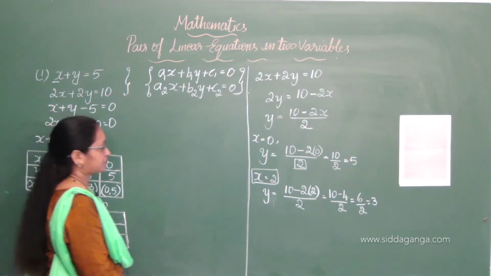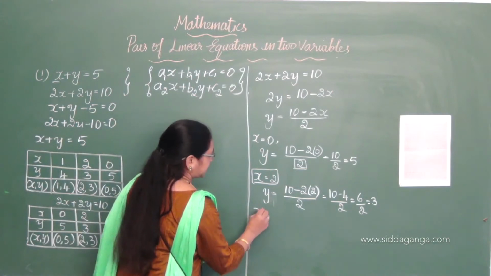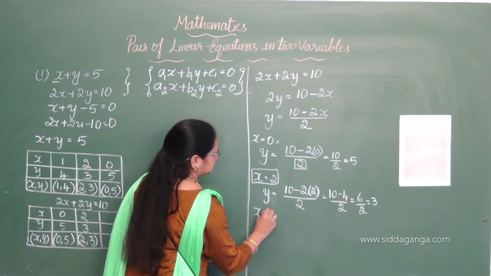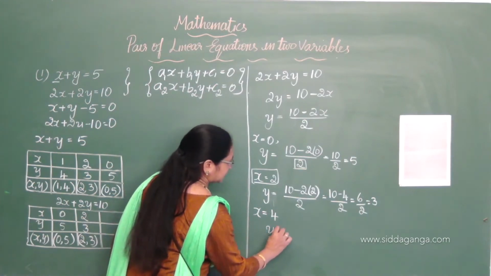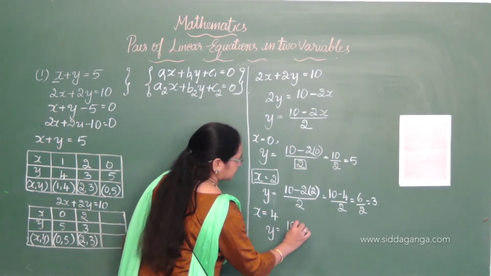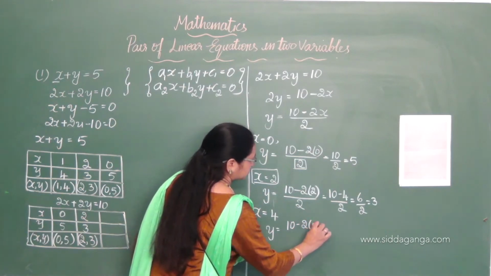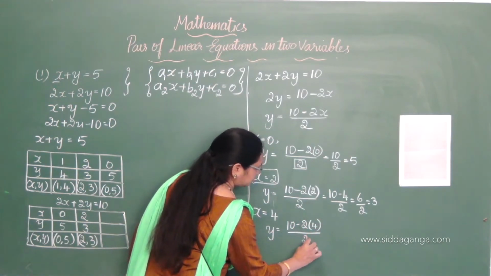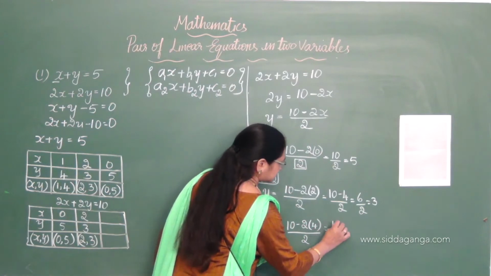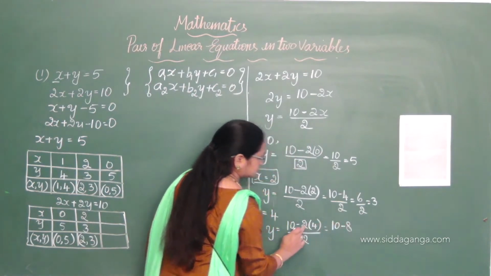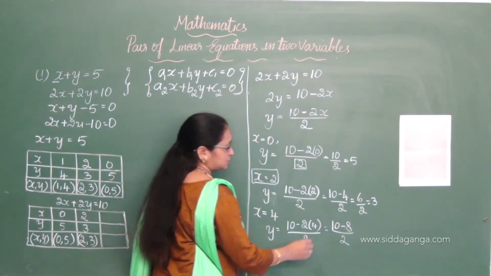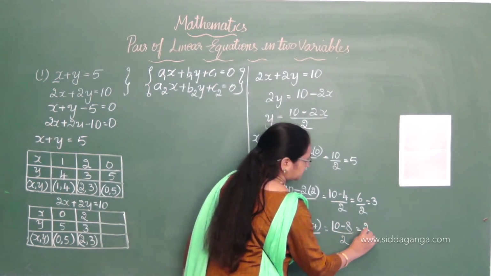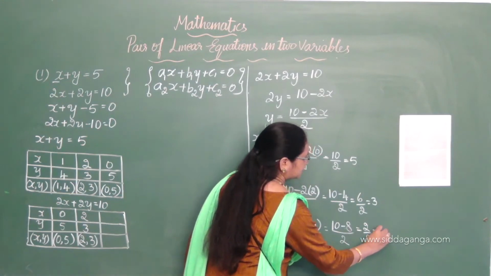Next. Now let us take x as 4. So if you take x as 4, y is equal to 10 minus 2 into 4 divided by 2. So 10 minus 8, 4 twos are 8, so 10 minus 8 by 2, that is 2 by 2, you will get 1.